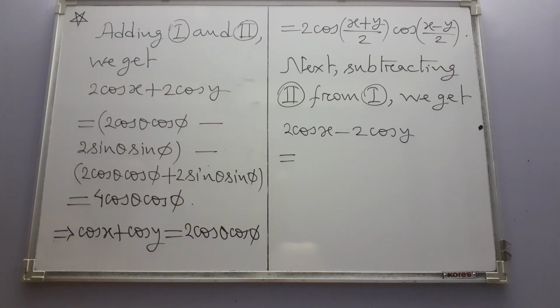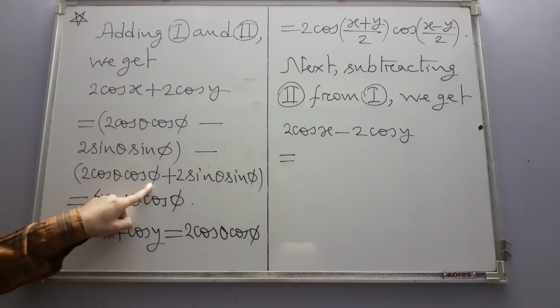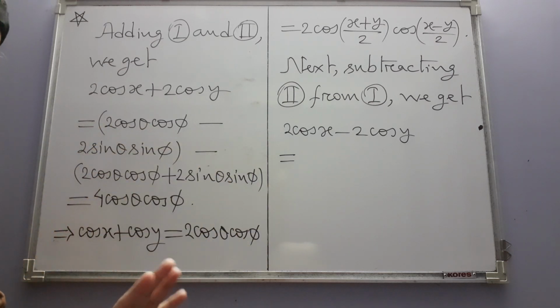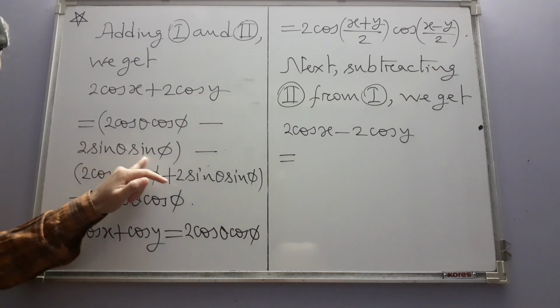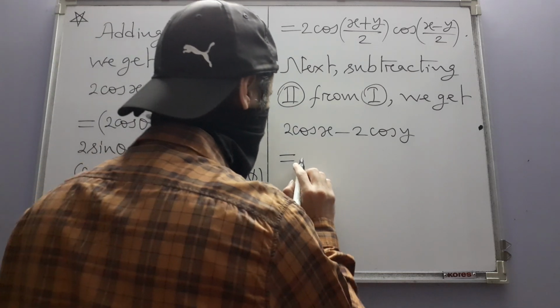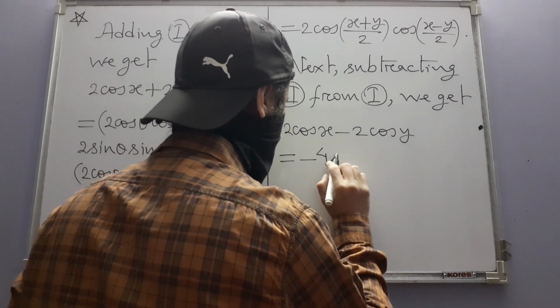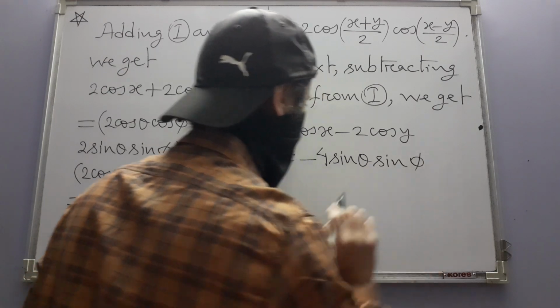What will happen then? 2 cos theta cos phi minus 2 cos theta cos phi will cancel each other. However, minus 2 sin theta sin phi minus 2 sin theta sin phi this time will give you minus 4 sin theta sin phi.